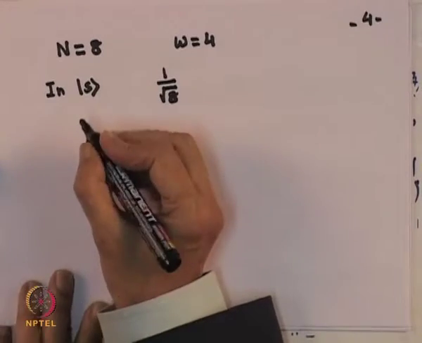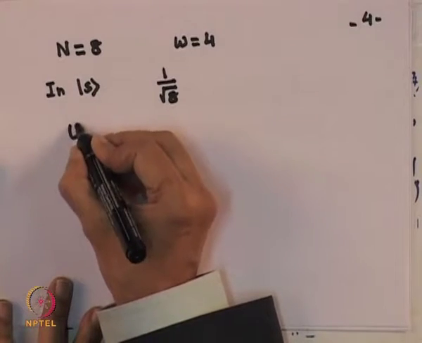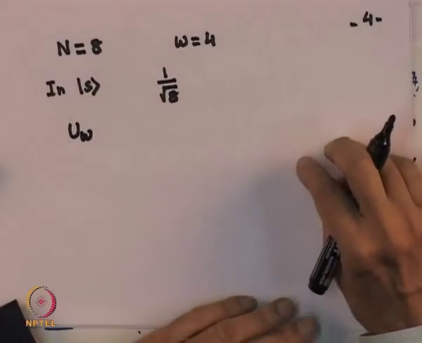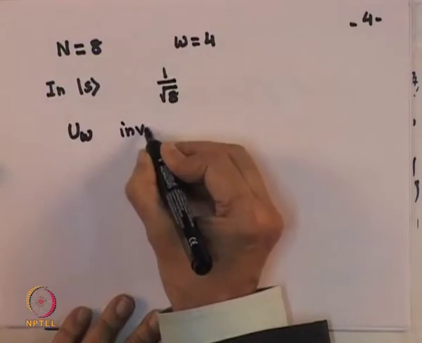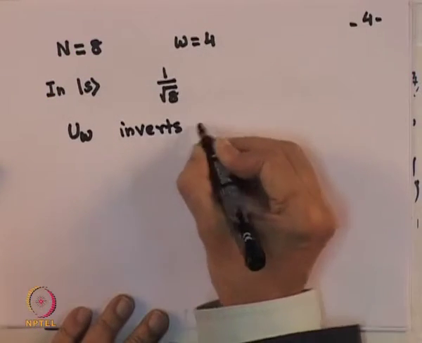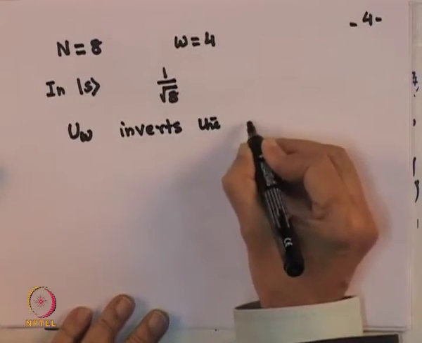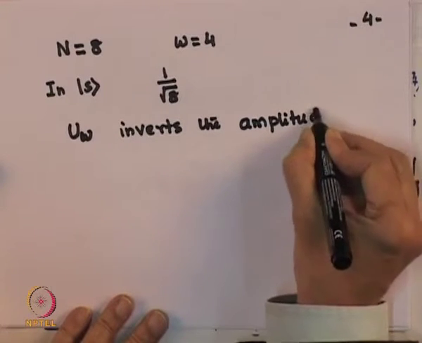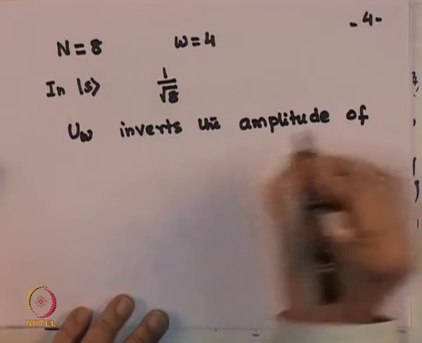Now, what does UW do? This is not US, this is UW. What we had seen is that UW inverts the amplitude of W alone.